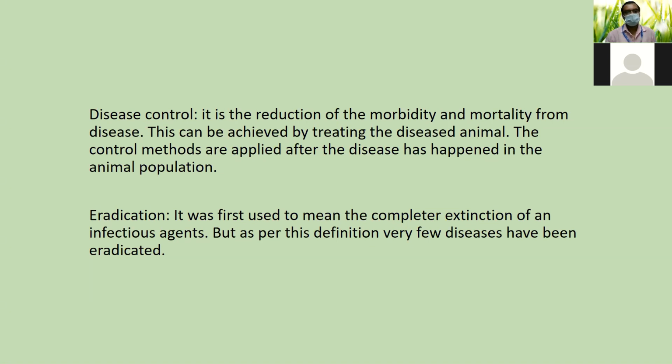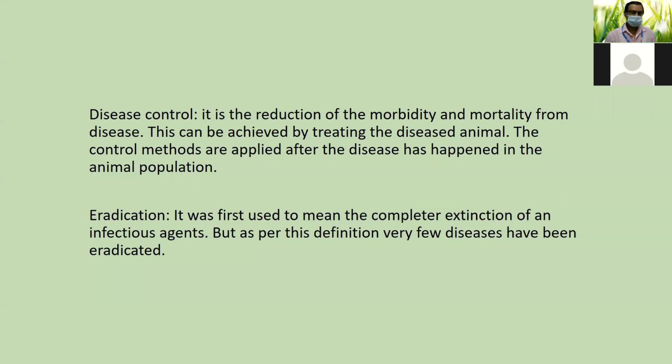It means control strategies are those strategies which are adopted after a disease has happened in a population. That is more important. The strategies adopted before occurrence of disease in a population are not control; they are called preventive strategies.